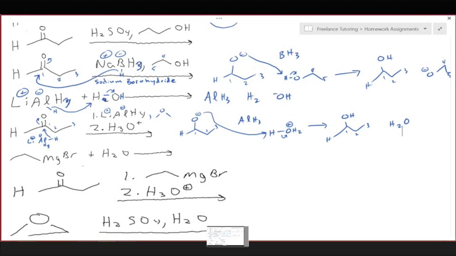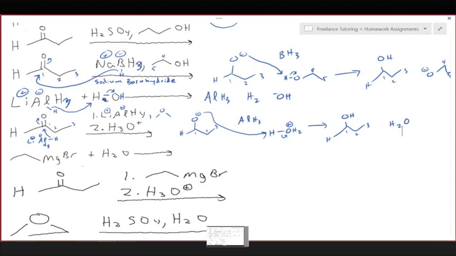Right, exactly. But that's probably what we wanted. We wanted to turn this carbonyl into an alcohol. But if we screwed up and used the wrong solvent, the carbonyl would just sit there. That's right.